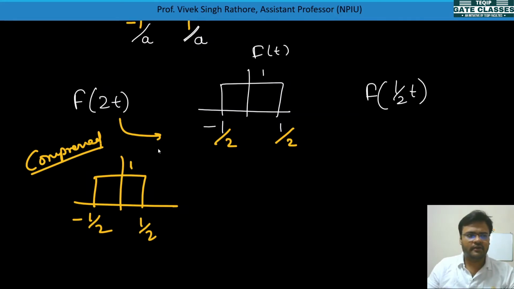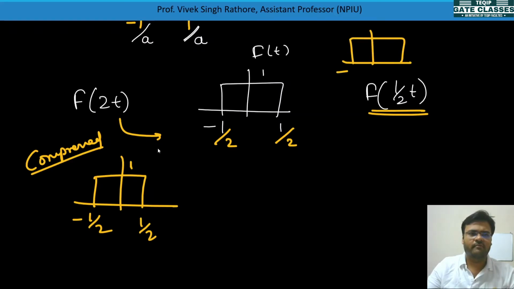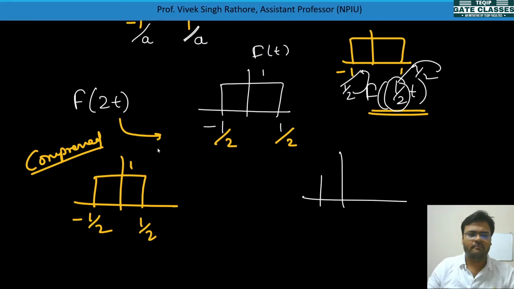And if you see this signal f(half t), okay, I will do it. I will again plot the signal -1 to 1, and for half t I told you that whatever a will be there, you just need to divide. So 1 by half and -1 by half, this will go up, this will go up, and this value will be -2, 2, and magnitude will remain 1.